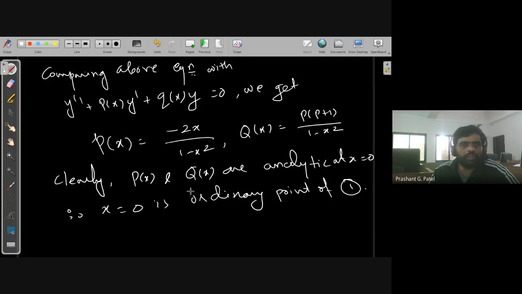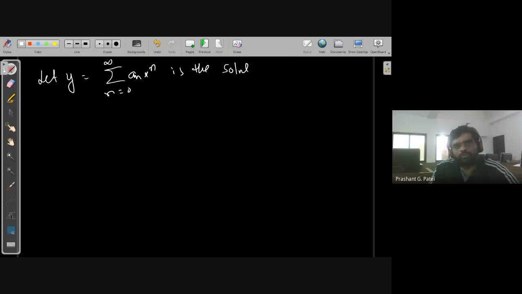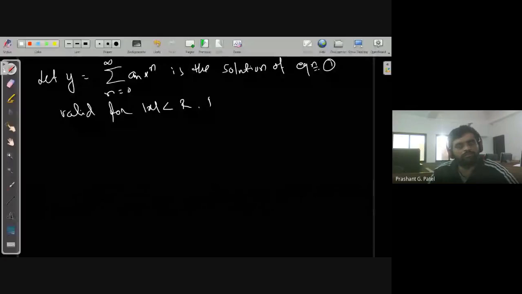If it is an ordinary point, we can talk about its series solution, and the series solution can be represented as: let y equal to summation n running from 0 to infinity a n x raised to n be the solution of equation 1, valid for mod x less than r with some r greater than 0.